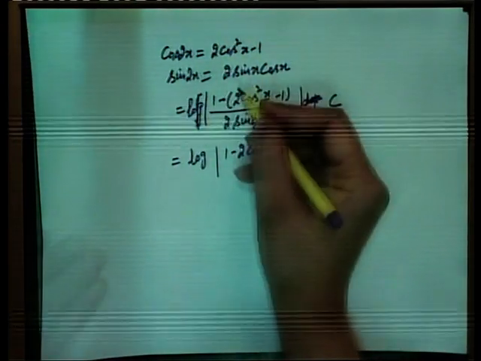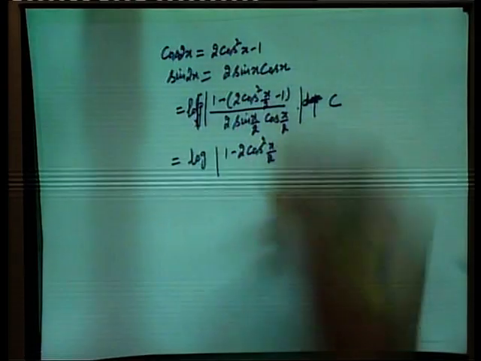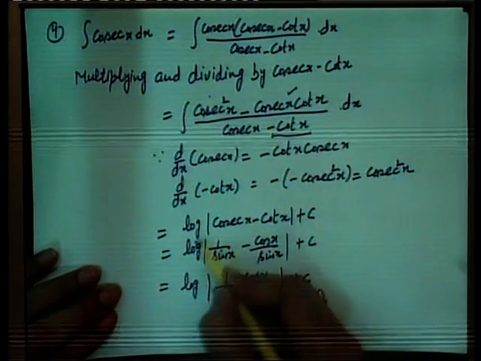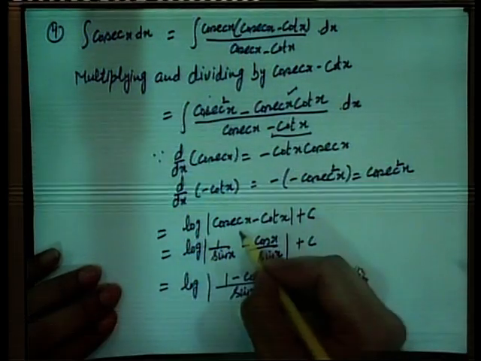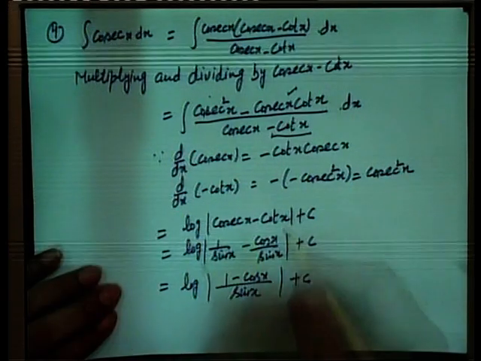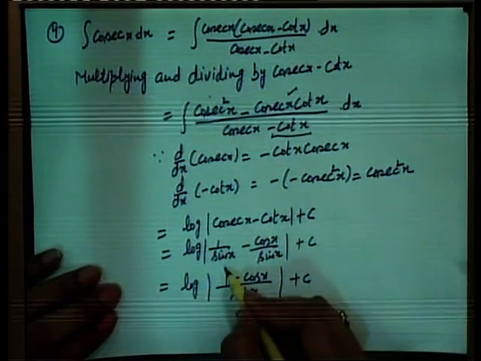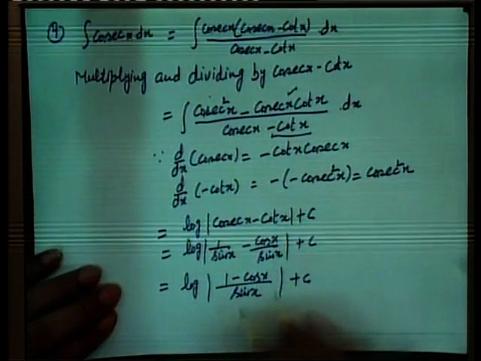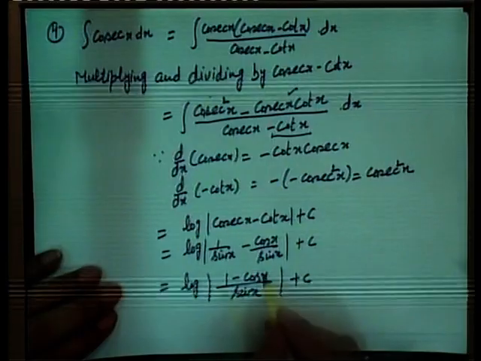Let us repeat it again, there is some problem in this question. We have done the integral of cosecant x as log of cosecant x minus cotangent x. Cosecant x can be written as 1 over sin x and cotangent x as cos x over sin x. Taking common LCM sin x, we have 1 minus cos x.